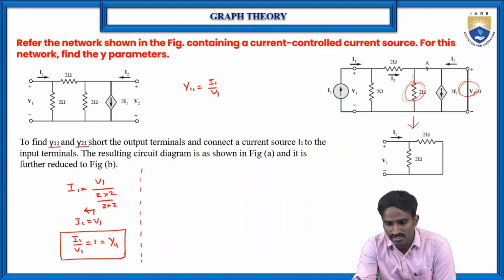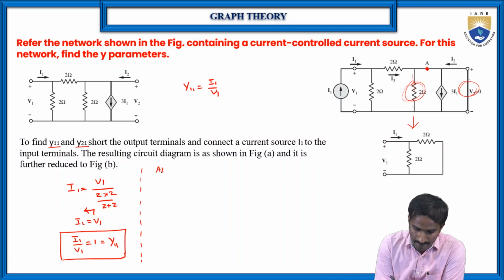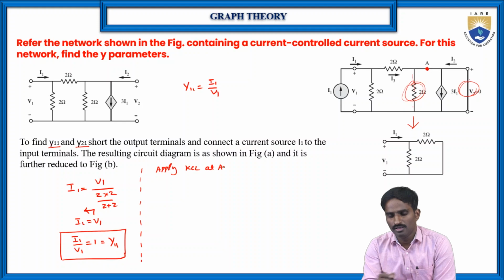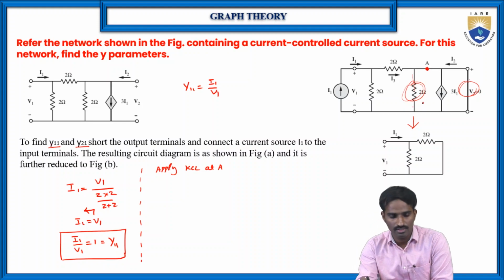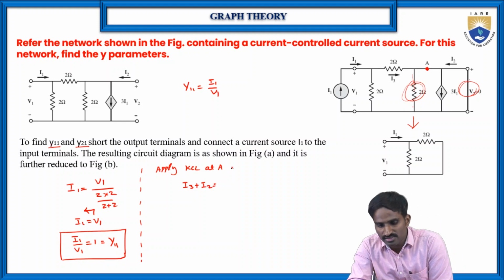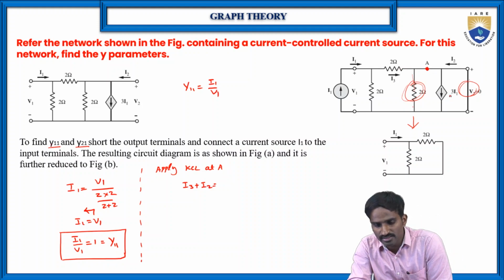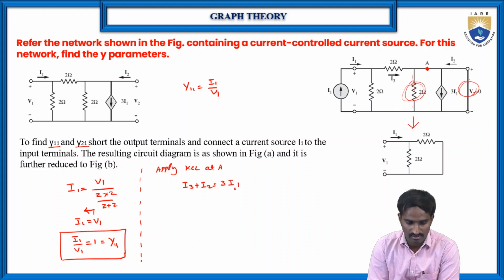Let us consider this as terminal A. Apply KCL at A. Here I3 is there, another current 3I1 is there, and another current flowing through the 2 ohms is there. I3 plus I2, because I3 and I2 are entering currents and 3I1 is the leaving current, is equal to 3 into I1.